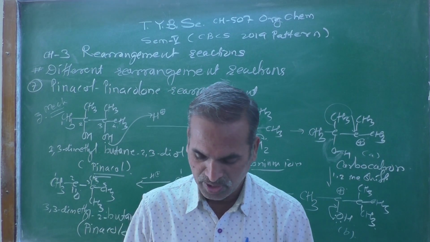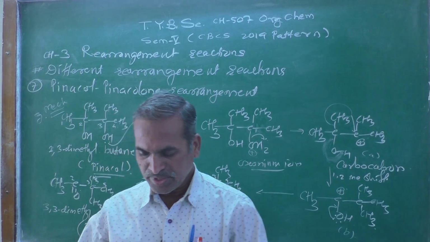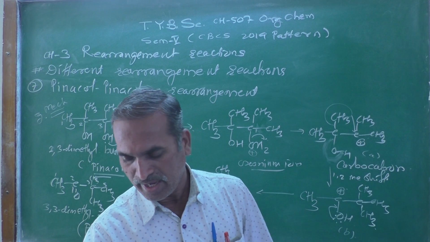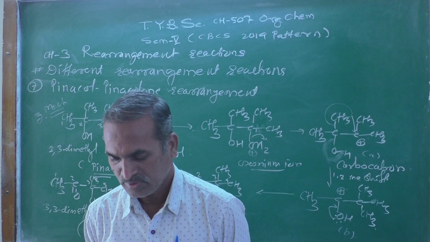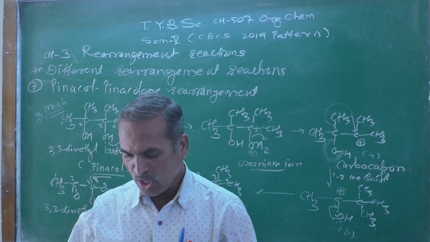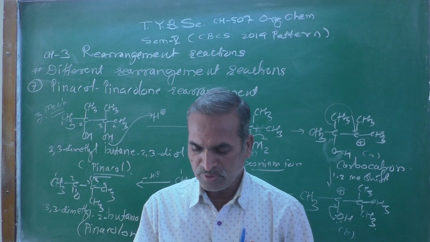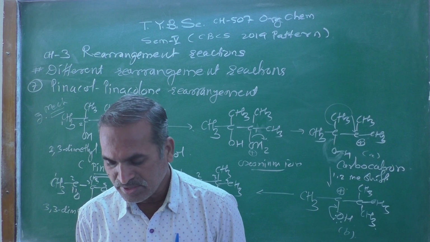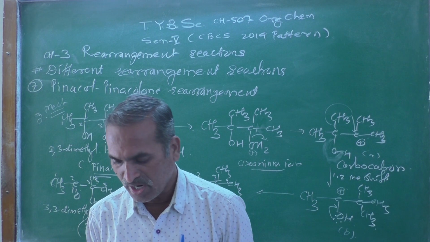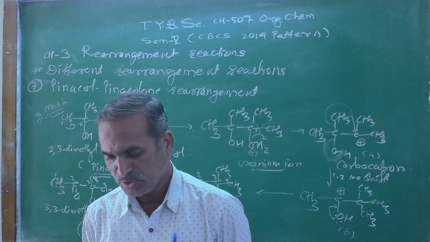It is quite likely that the migrating alkyl group does not become completely free before it is partially bonded to the adjacent positively charged carbon during the 1,2 shift.